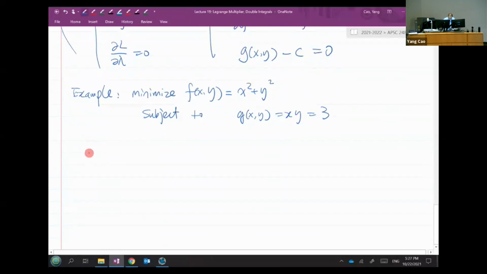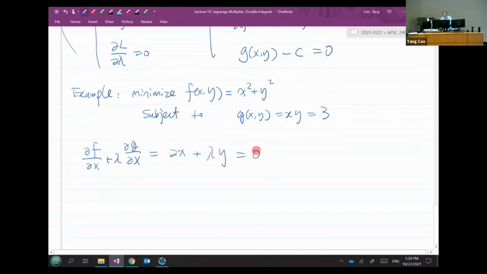All right. So the first equation is partial f over partial x minus lambda times partial g over partial x. We have function f right here, and we have function g, which is this xy. So taking the 2 partial derivatives wouldn't be too bad. The first one gives 2x, partial g over partial x gives me y, so lambda y.